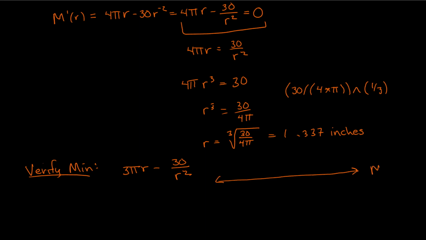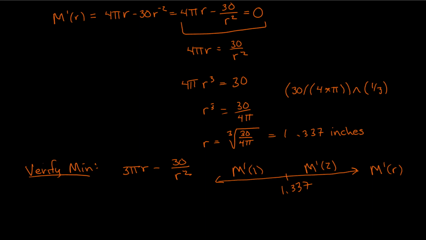So these are going to be involved with a first derivative test around 1.337. So I will evaluate my first derivative at 1 and evaluate my first derivative at 2 to see if it is increasing or decreasing.